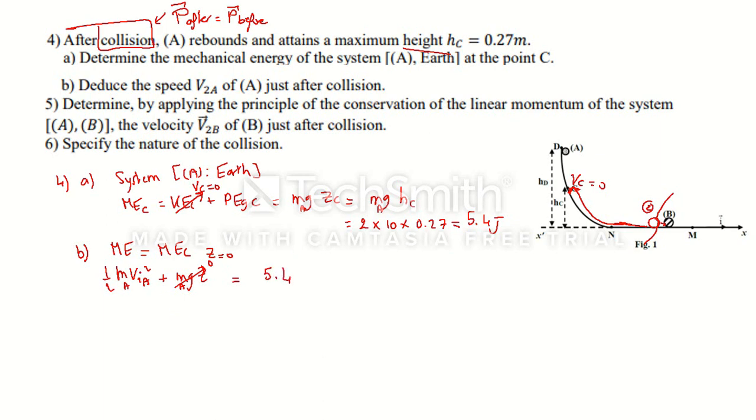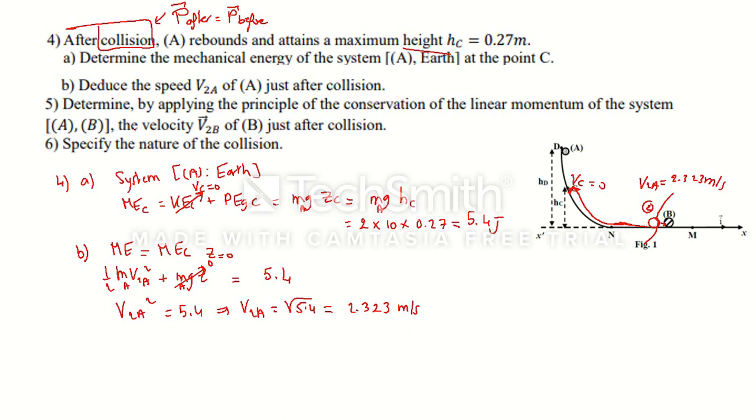Now the question is to find v2A: v2A squared, this is 2 over 2, the mass is equal to 2, is equal to 5.4. This means v2A is equal to radical 5.4, which is equal to 2.323 meters per second. This means just after the collision, the speed v2A is equal to 2.323 meters per second.